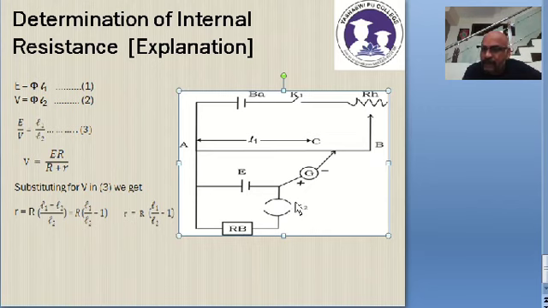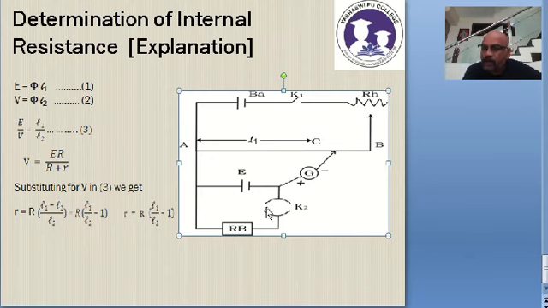The terminal potential difference in an open circuit is equal to EMF. Terminal potential difference in a closed circuit is equal to the potential difference across the resistor.